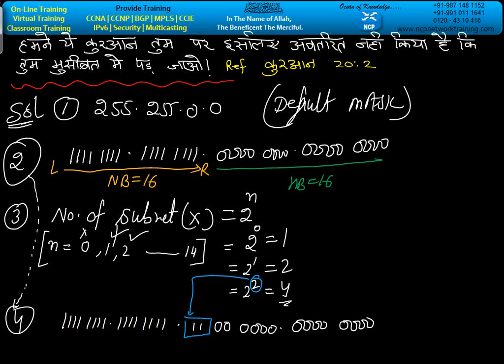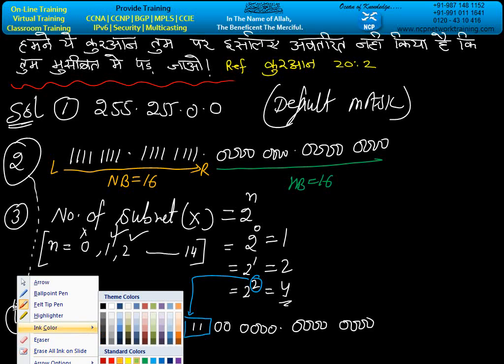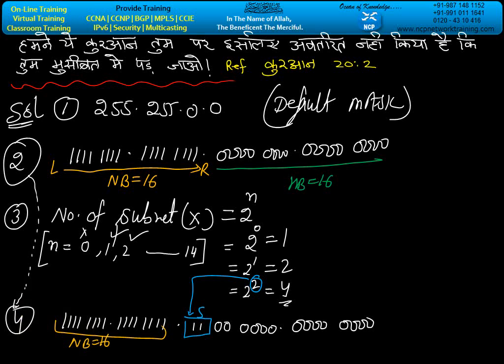In step number 4, we have 16 bits belonging to the network, predefined, and 2 bits belonging to the subnetwork bits, and the rest of the bits, 6 plus 8 equal to 14.